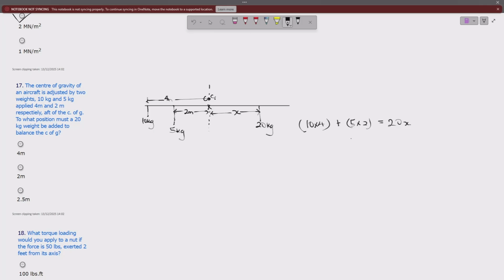Okay, so the clockwise moment equals anti-clockwise moment. So we have 40 here plus 10 equals 20x. X will be 50 divided by 20. That will give you 2.5 meters.